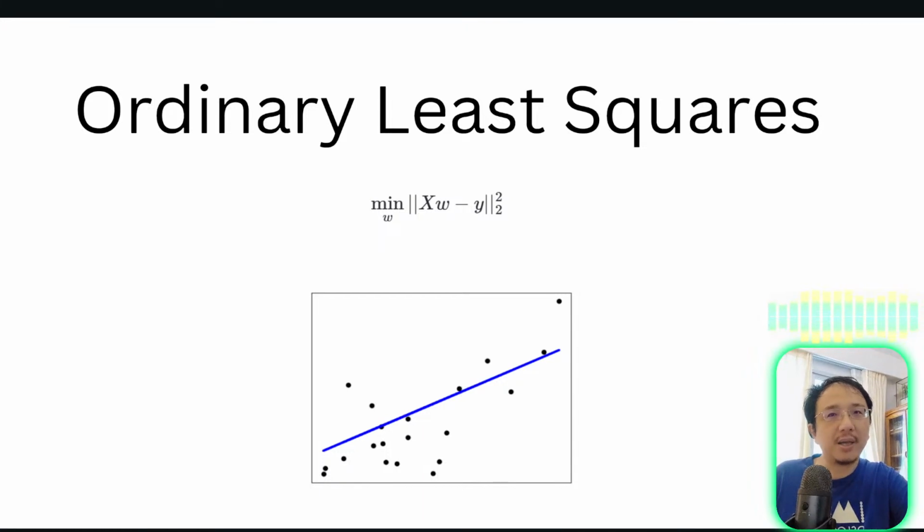This one is taken from Wikipedia. One terminology is ordinary least squares. Basically, it's saying we are using a linear formula as our model, and we try to find the weights or parameters that minimize the least squares error.